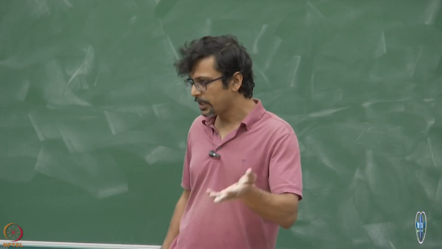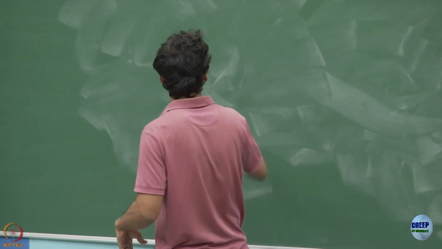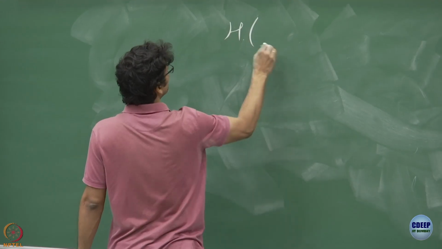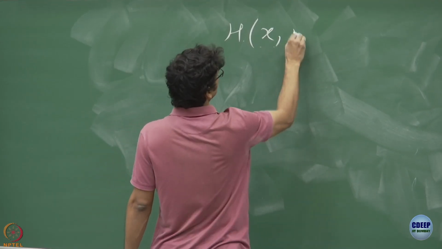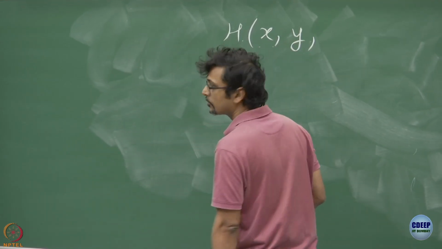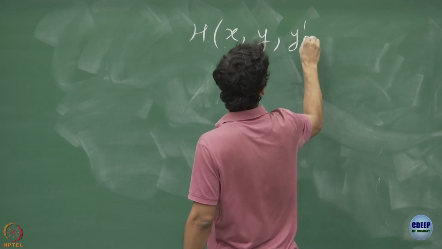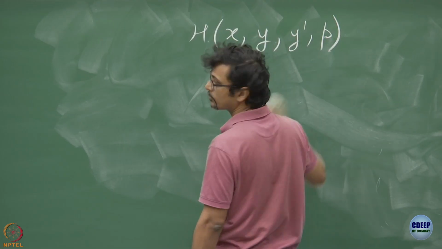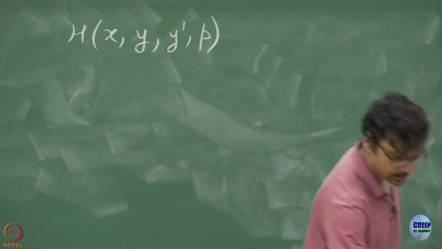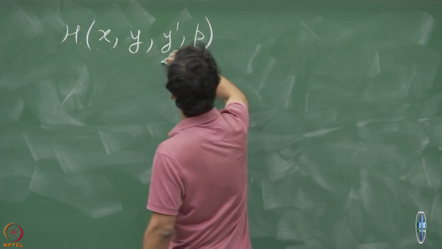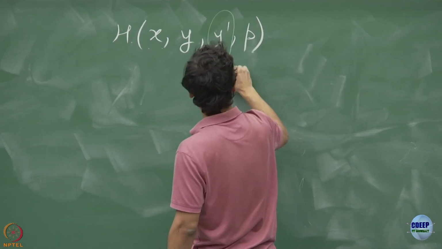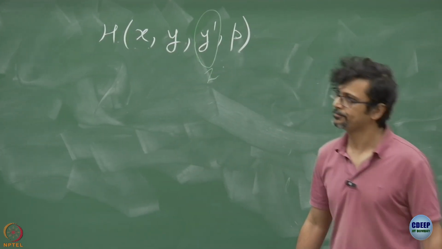Okay. Earlier we have seen that when you have this Hamiltonian, if you remember, it was dependent on x, y prime and p. Then we said that let us make this transition in our minds where we replace this with z.